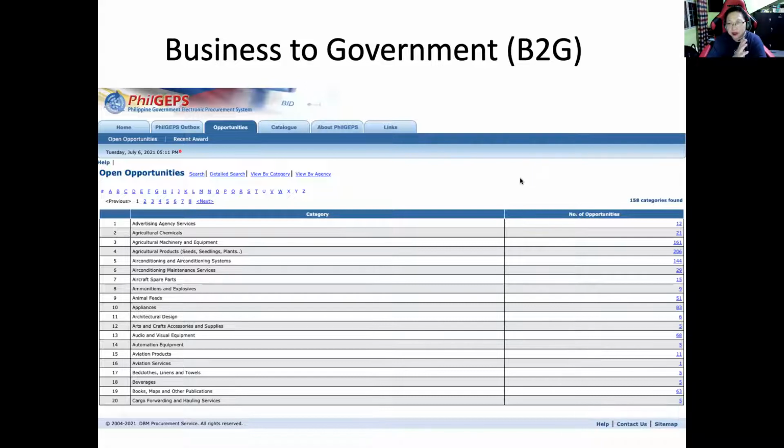So if you are a business entity, you can go there and check the offerings, and then you can also make an offer and bid on the projects that are posted there. This is an opportunity for businesses to approach government and offer their products and services, meeting some of the requirements or open opportunities that the government agency has.